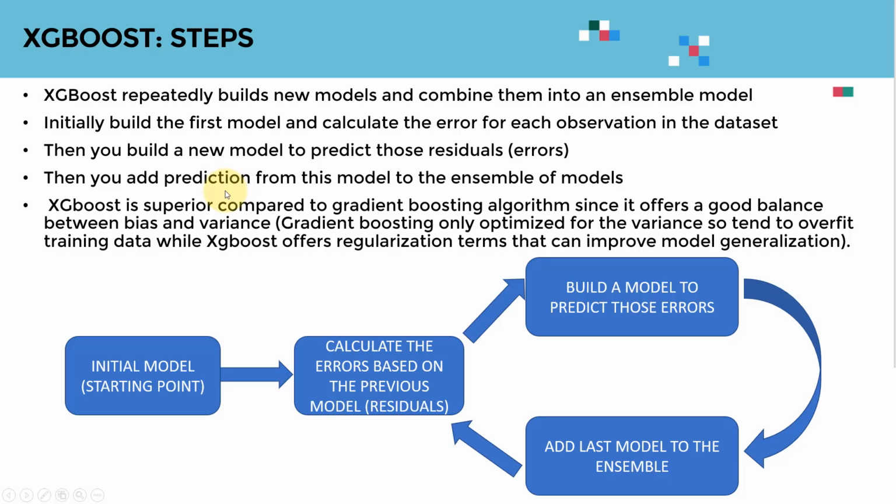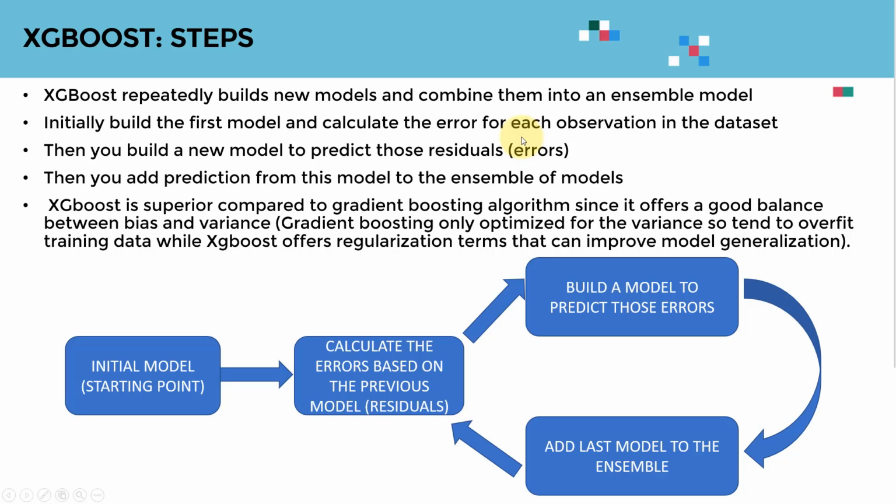So here are the steps for XGBoost. XGBoost repeatedly builds new models and combines them into an ensemble model. It's kind of the same idea as the basic gradient boosting algorithms: you initially build the first model, and then you calculate the error or the residuals for each of the observations.